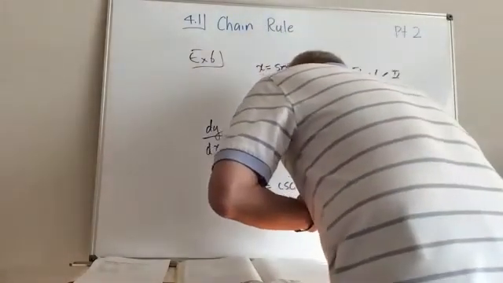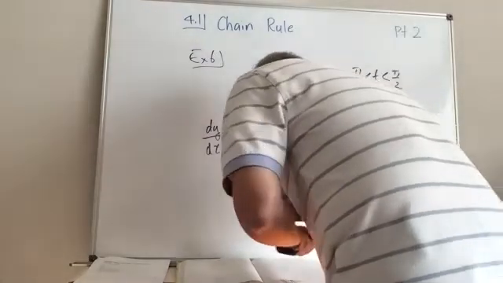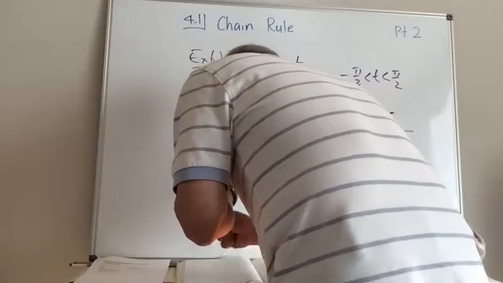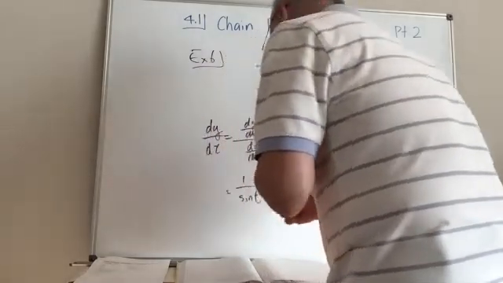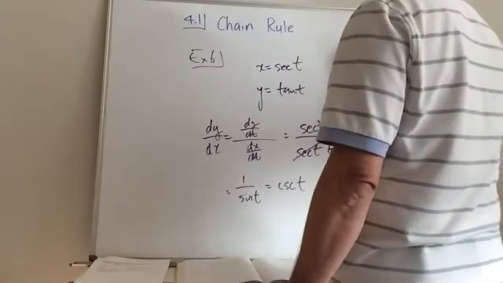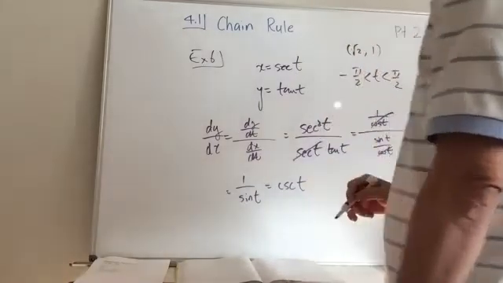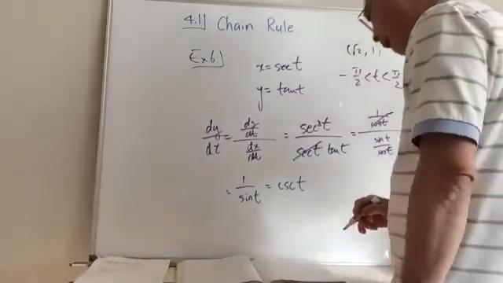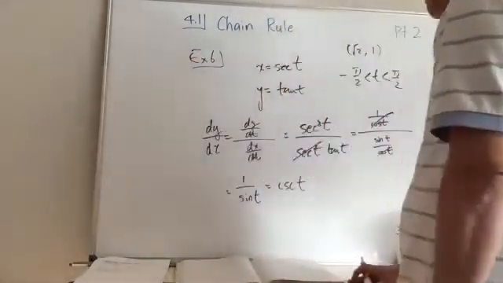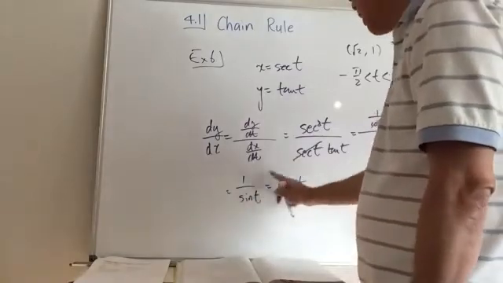And the question is to find the tangent line at the point root 2 and 1, where t is equal to pi over 4. So I put t equal to pi over 4 here.